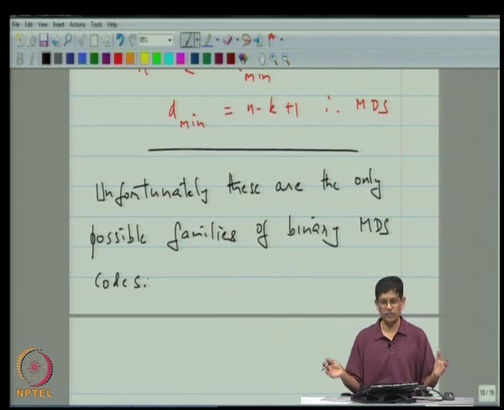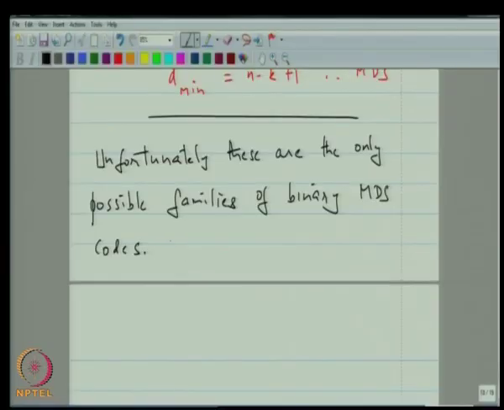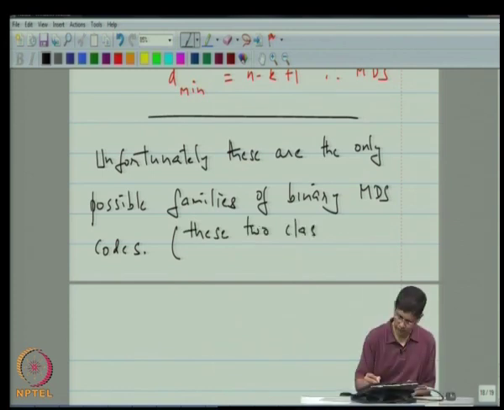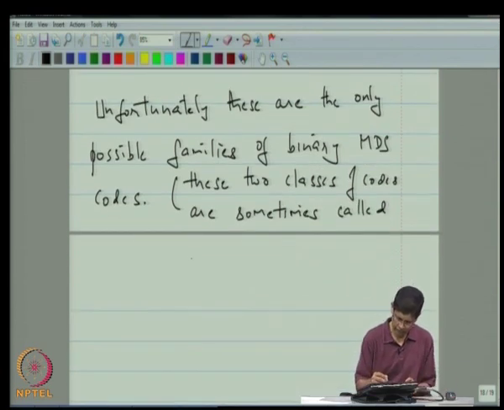And since their minimum distance is very small or their dimension is small, these codes are called trivial codes.